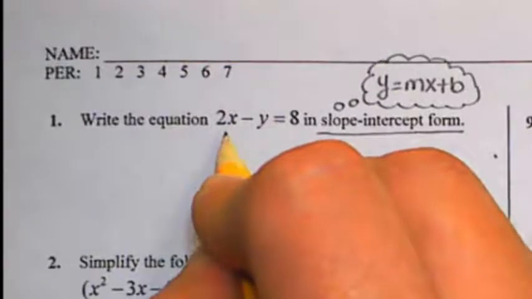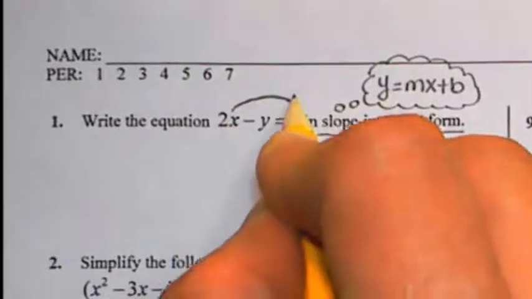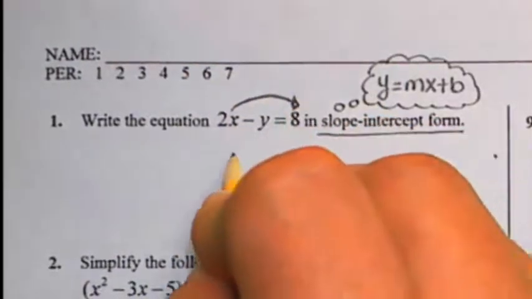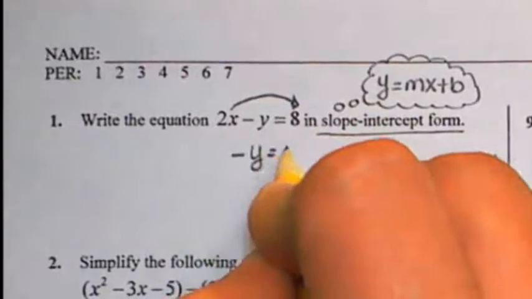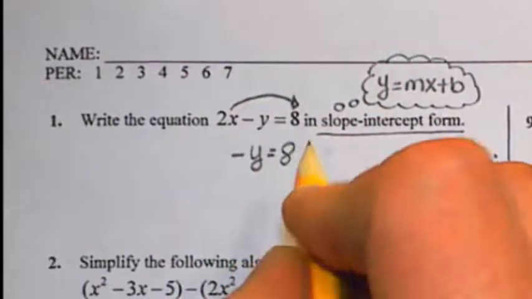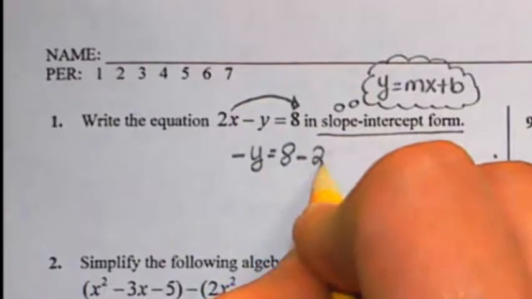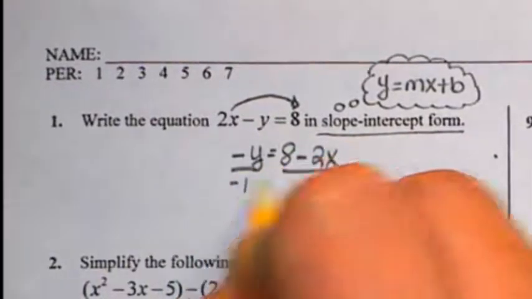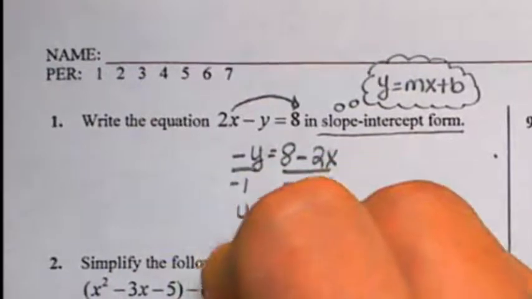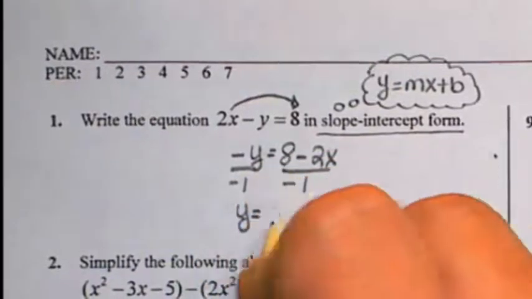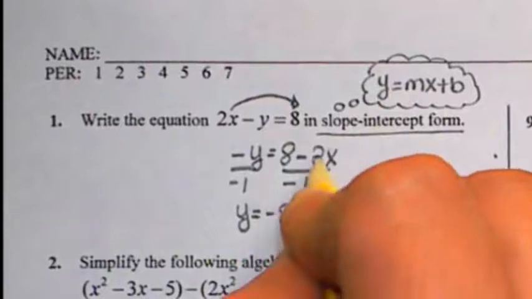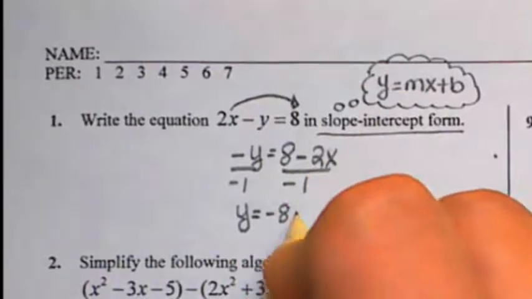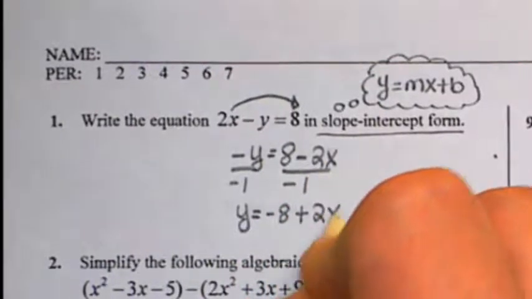So what I'm going to do is send the 2x to the other side. So this would be negative y equals 8 minus 2x. We're going to divide both sides by negative 1. Y equals 8 divided by negative 1 is negative 8, and negative 2 divided by negative 1 is positive 2x.